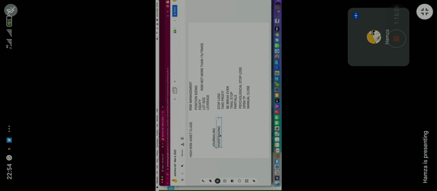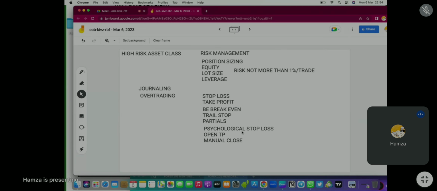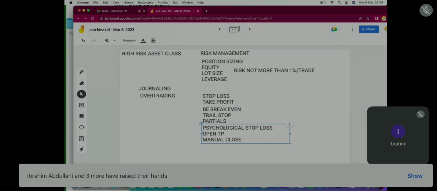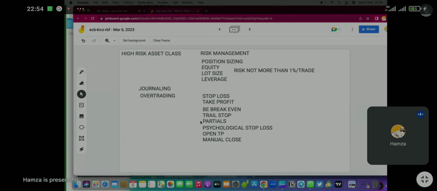I don't know what the right grammar is, but you get the point. Once you open your chart and decide to trade, you will find yourself doing them. It is impossible to execute a trade without doing either of these things. You must do either one or even all. I'll explain what they mean.